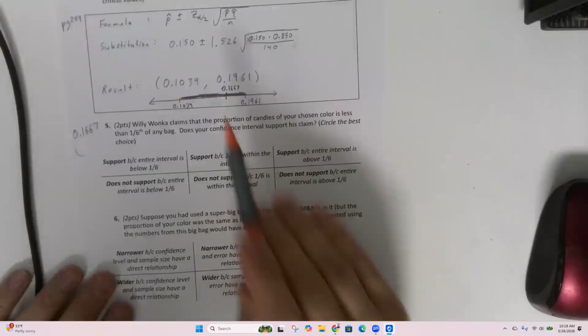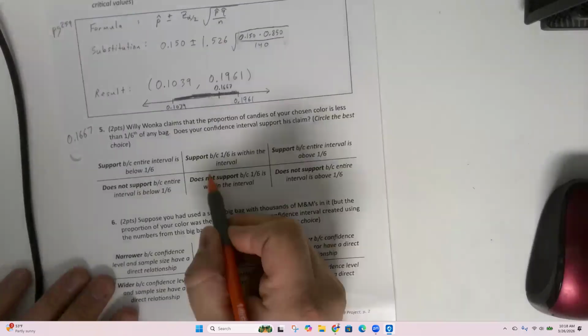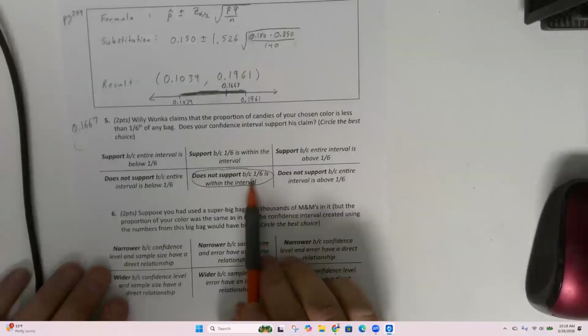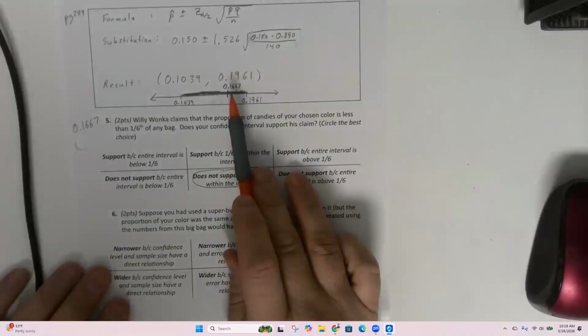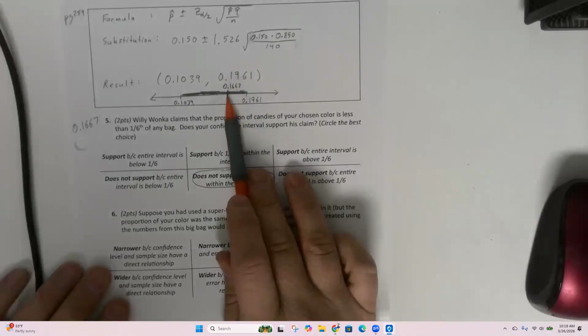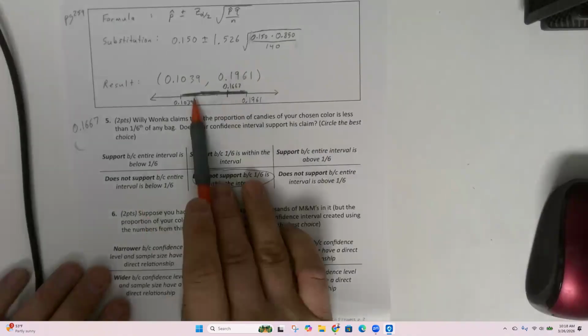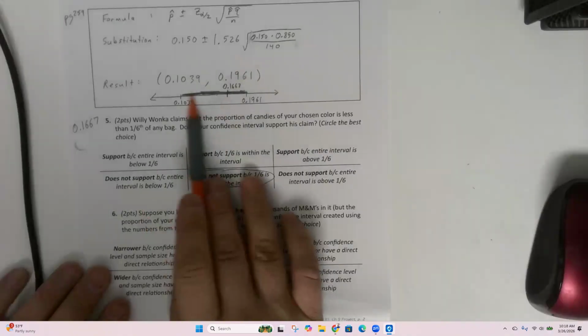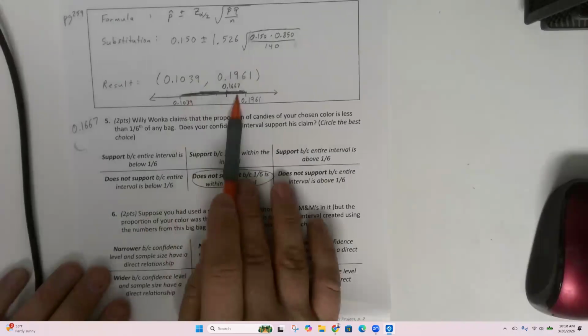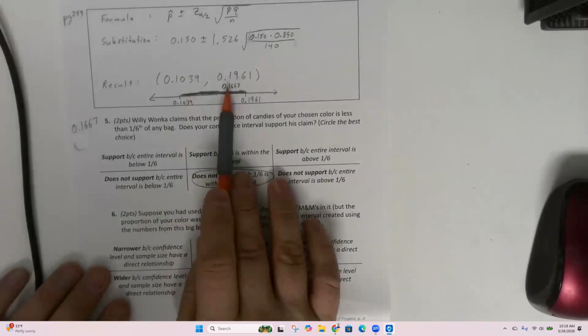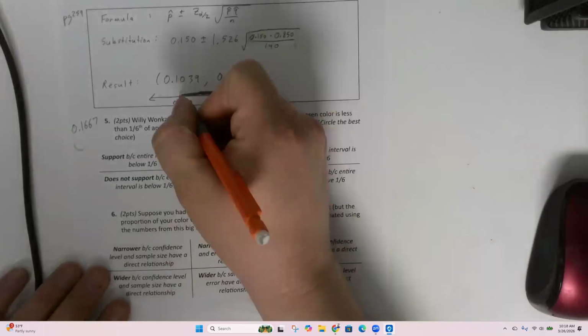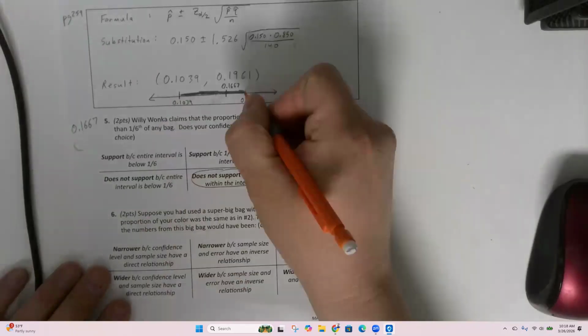So I think that he is not correct because 1/6 is inside my confidence interval. Okay. I don't know what the true proportion is, but I know it's somewhere in this range. And since it's somewhere inside of my range, then I think that his claim is incorrect.